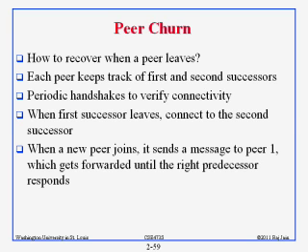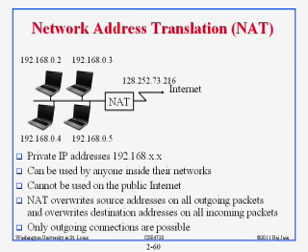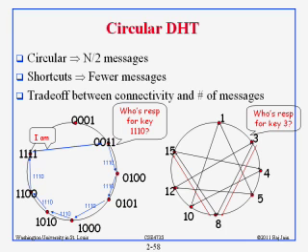And when a new peer joins, it sends a message to peer 1, which gets forwarded until the right predecessor responds. So suppose somebody comes back here, then it will send the message to number 1, and it will go to 1, 2, 3, 4, 5, and they say, oh, you are position 14, so you just join here, your next successor is 15, and next to next is 1.